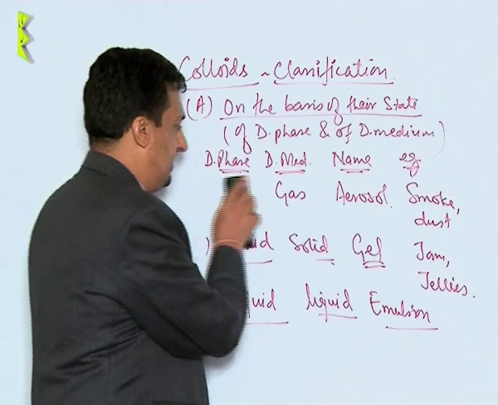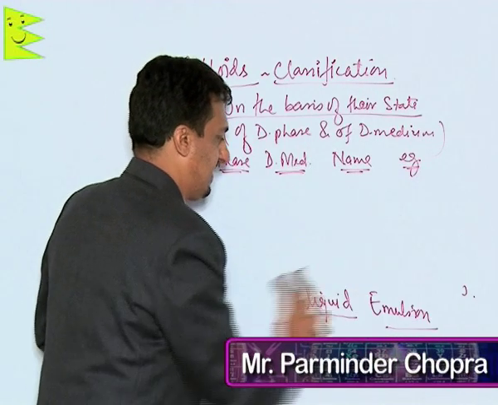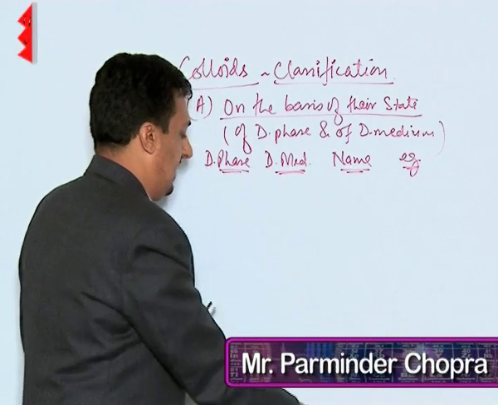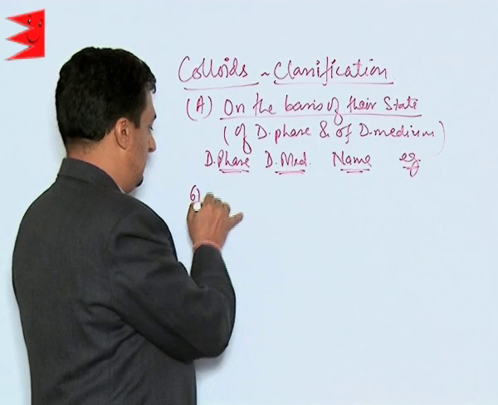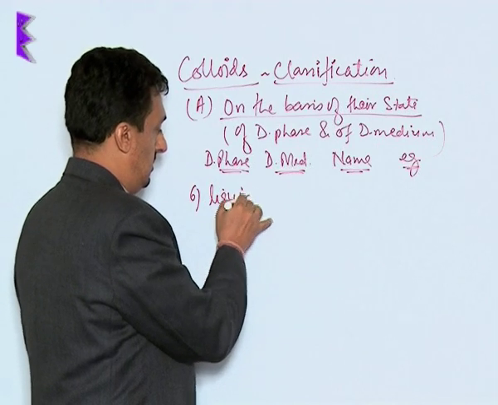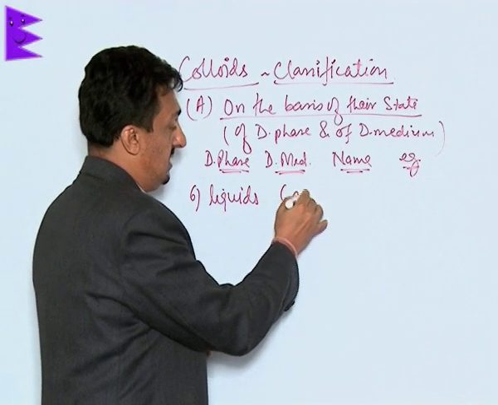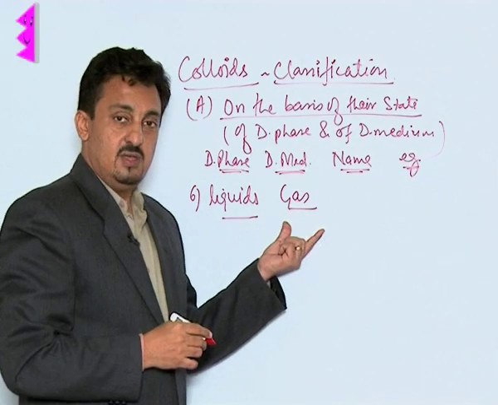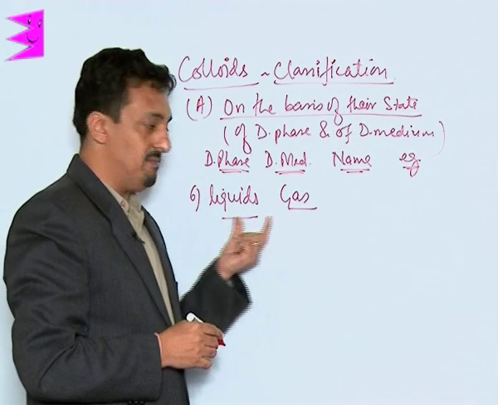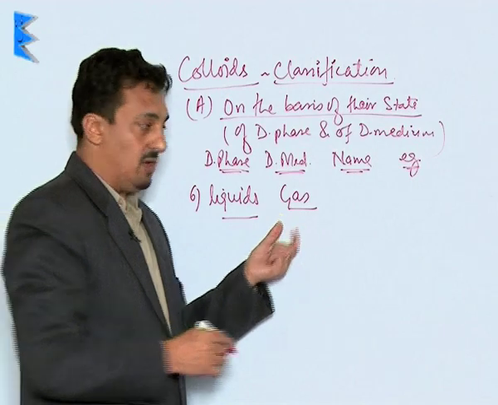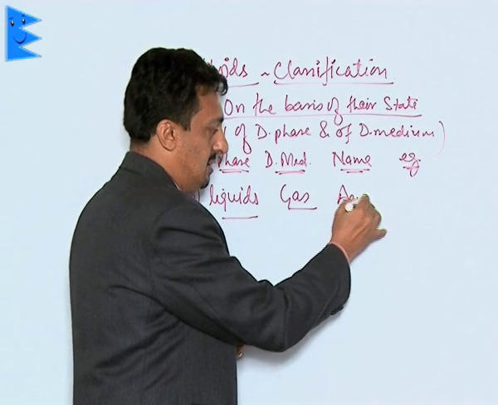Then let us see the next one. The sixth category of colloid can be of liquids in a gaseous medium. So when the dispersion phase is a liquid and the medium is a gas, we call it aerosol.